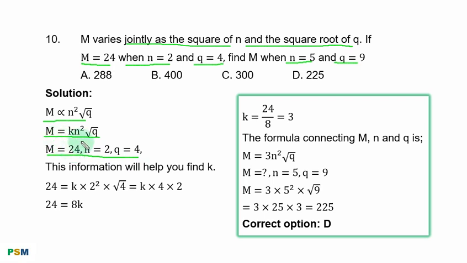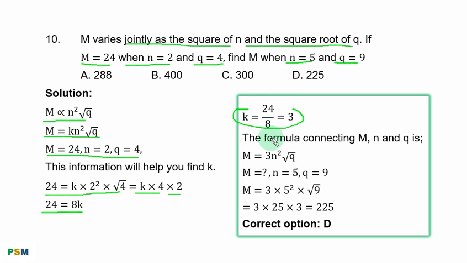You come here and you replace them, you have this result, and that is equal to k times 2 squared times square root of 4. You have 24 equal to 8k. To get k, divide both sides by 8 and you have 3.